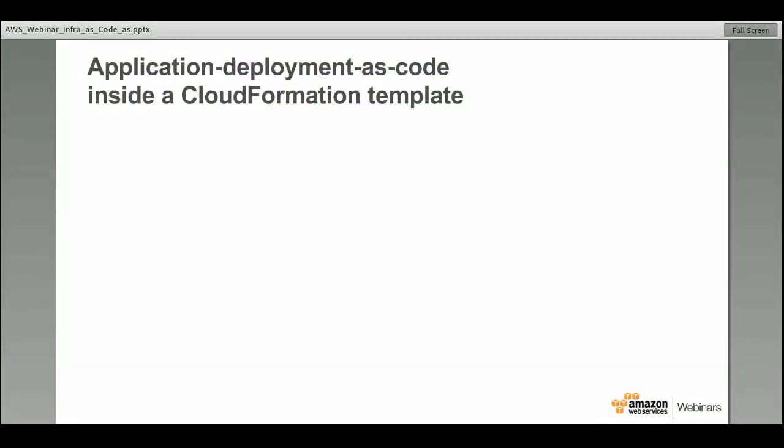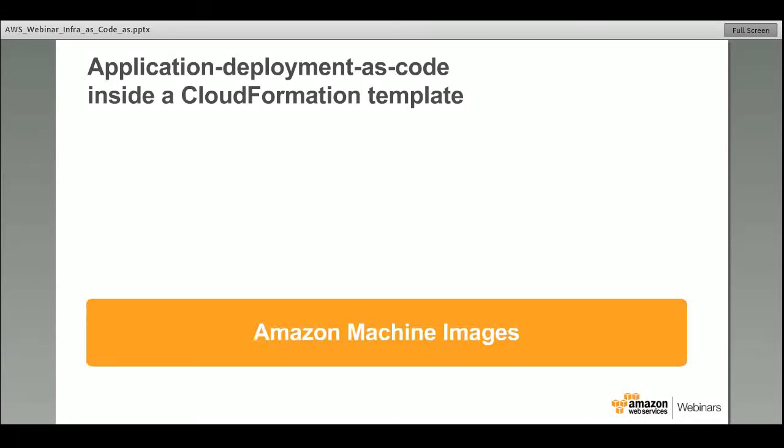We talked about the CloudFormation init method, but there are actually several methods of deploying applications in the context of a CloudFormation template, and we'll take a look at all of them. The most basic way is to use an Amazon machine image or an AMI. This could be one of the AMIs that Amazon provides or one of our partners provide, or it could also be an AMI that you built for yourself.